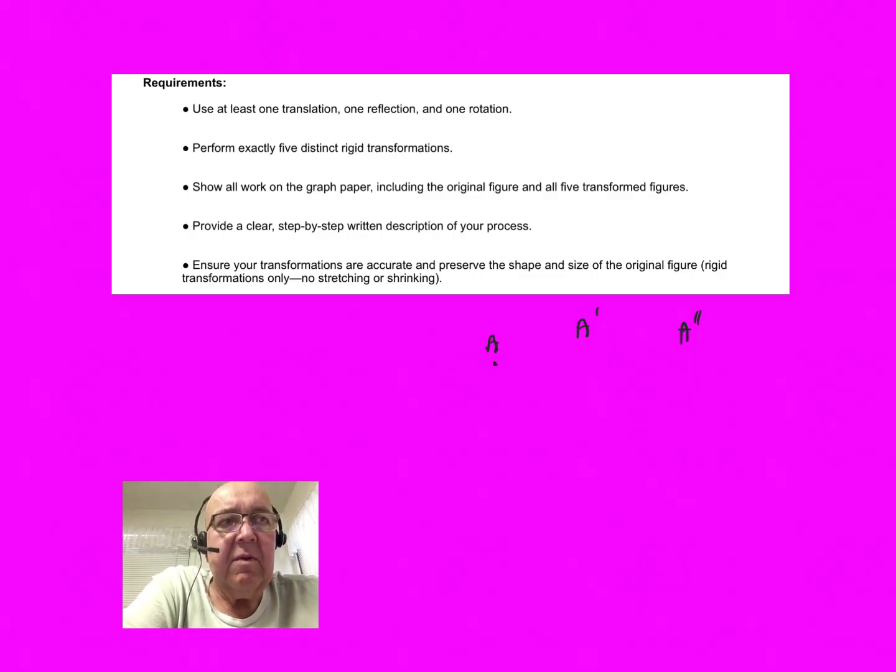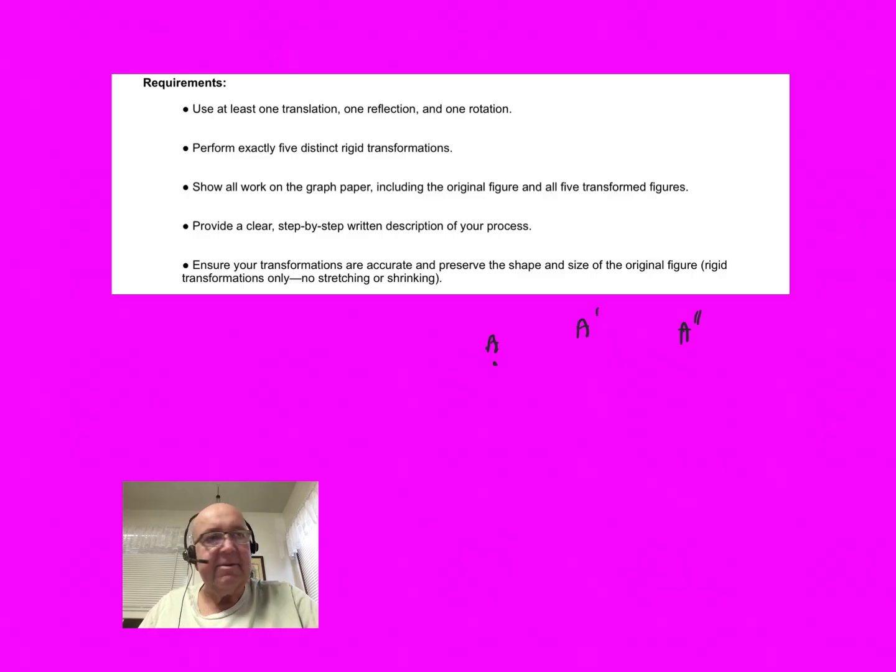That would be a good way to label your figures on your graph, but you can use another way if you can make sense of it. You're going to give clear step-by-step written instructions of your process. Be precise in this, making sure that you have that same shape that you started with throughout. Again, no stretching or shrinking, which is a dilation.